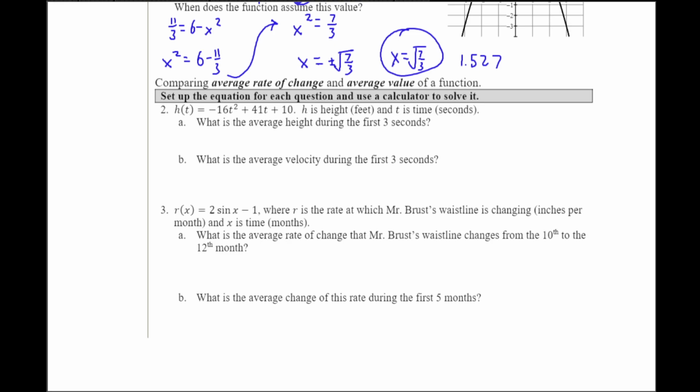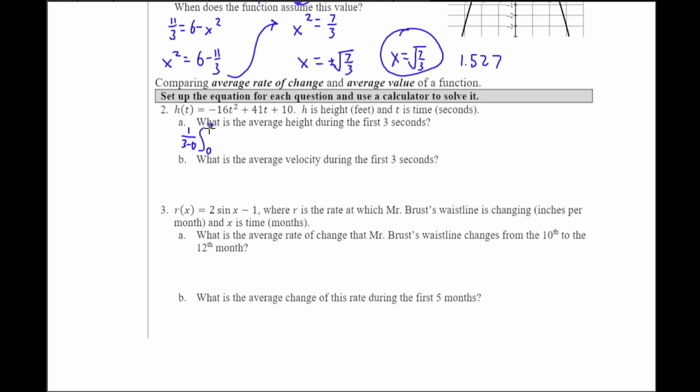Question 2. What's the average height during the first 3 seconds here? Average height, so we're going to do h of t is height, so the average height is just 1 over 3 minus 0, because first 3 seconds is from second 0 to second 3.